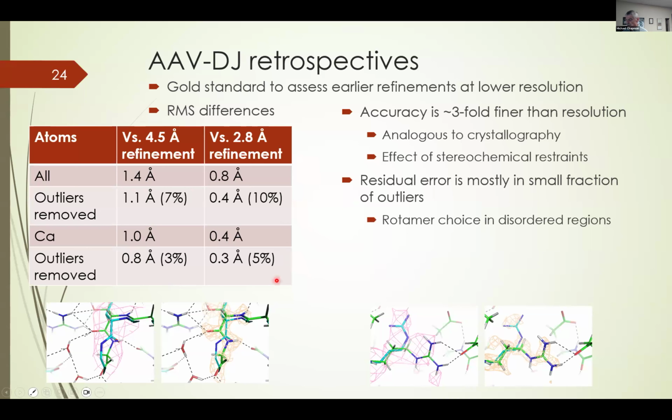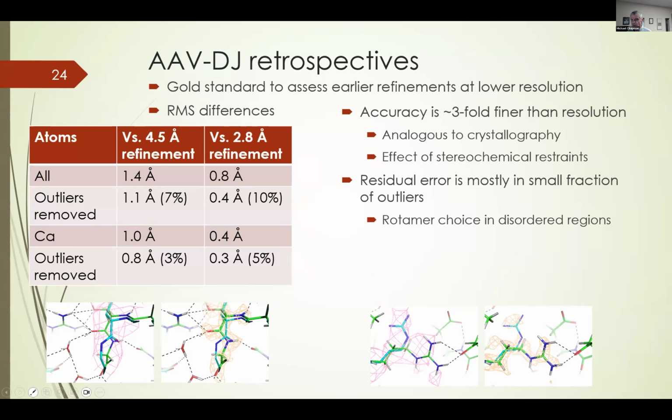And we see that over half of the error is within the worst 10%. Now, I suspect that we see this as a big effect in electron microscopy because there's a greater variation between order and disorder in a typical EM structure than there is in a typical crystallographic structure.